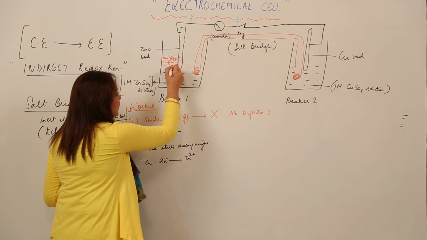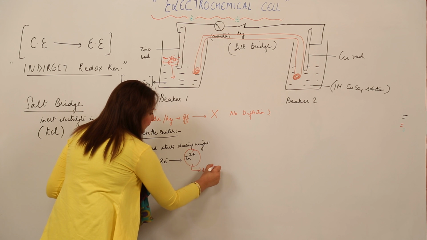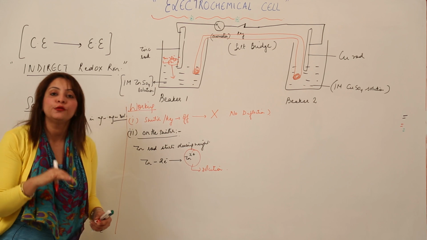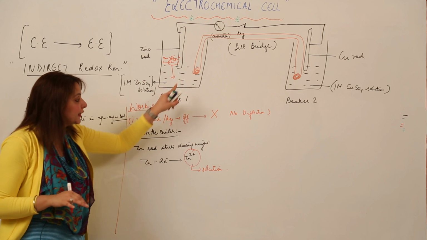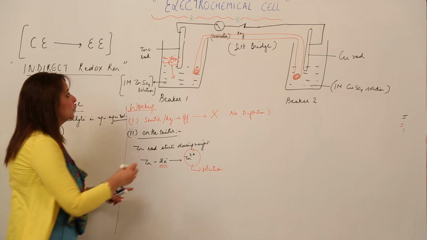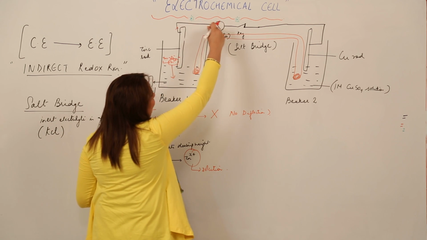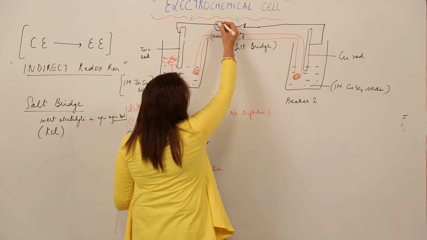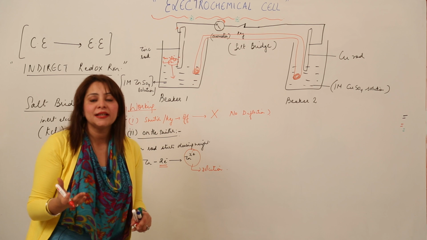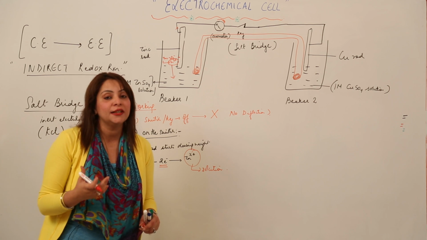These Zn2+ ions are going into the solution, that means into the ZnSO4 solution present in the beaker, right? And what is the fate of the electrons it is losing? These electrons are made to move through this wire, and in doing so the ammeter shows the deflection as well. That means the electrons, when they move, constitute electric current, right?